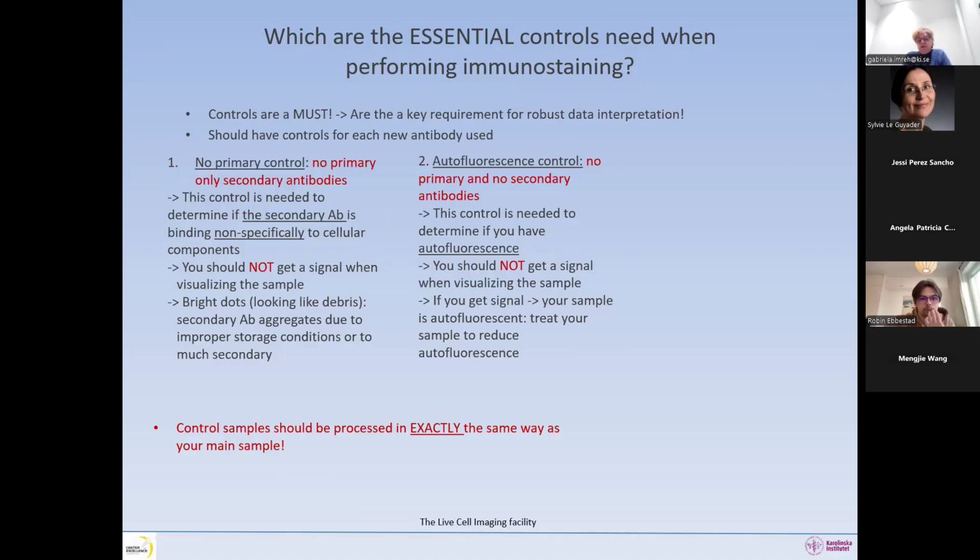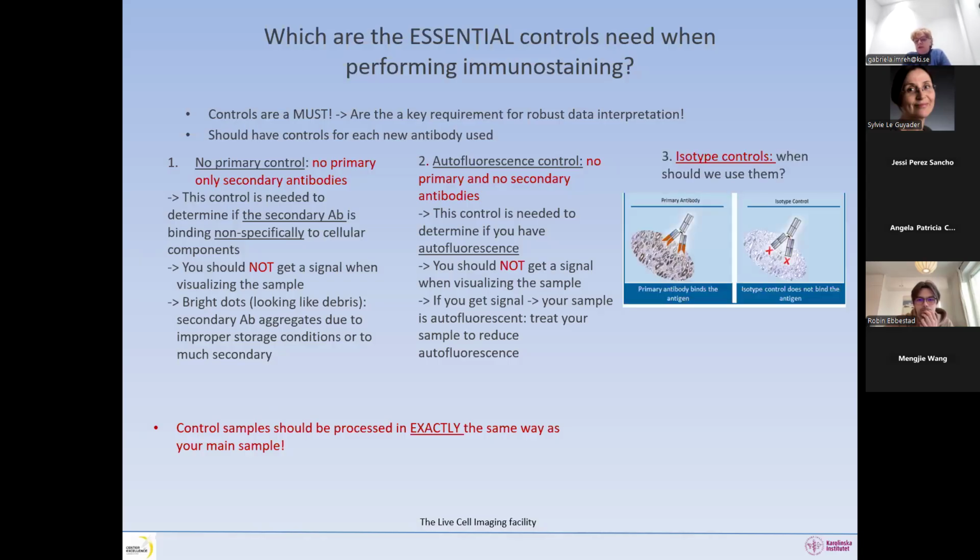This is needed to determine if you actually have autofluorescence in your sample. Again, you should get no signal when visualizing the sample. And if you get a signal, that means that your sample is autofluorescent and you have to do something about it. Please don't ignore it, unless you have a specific use for this autofluorescence in some way.